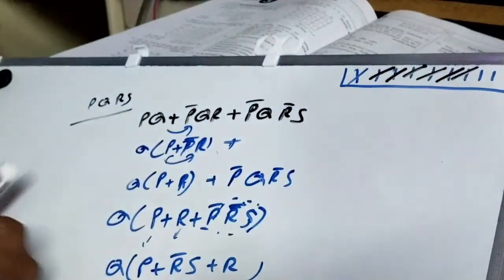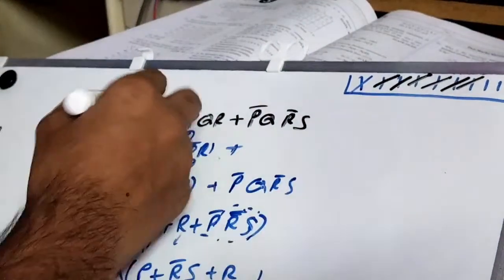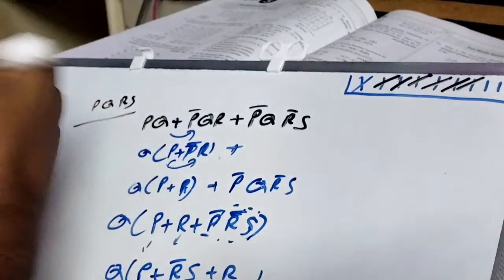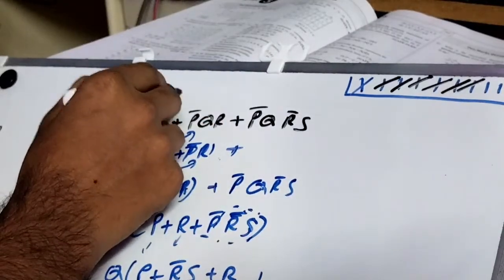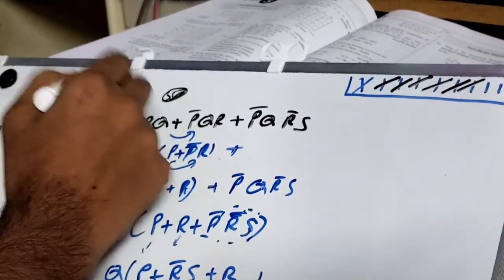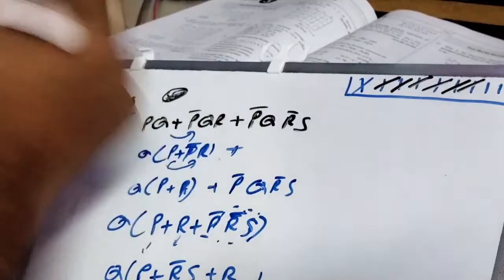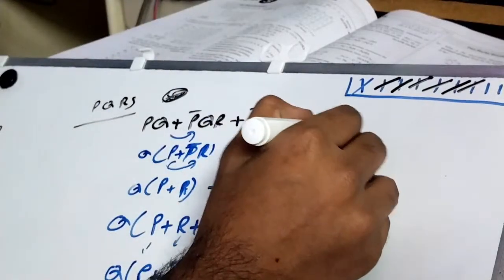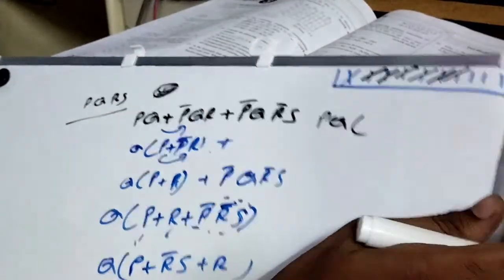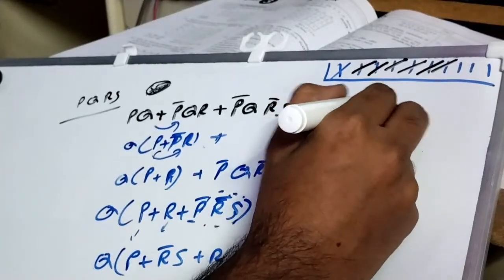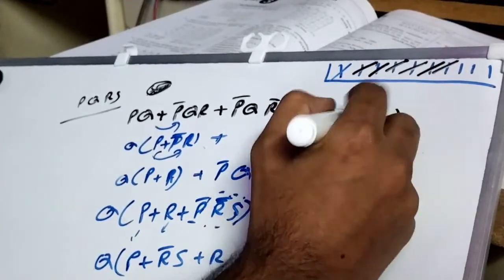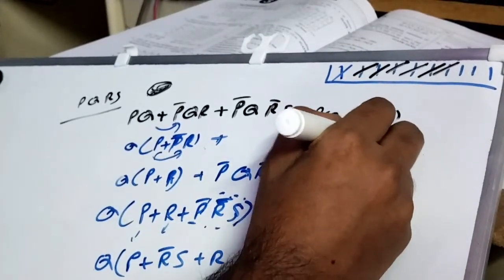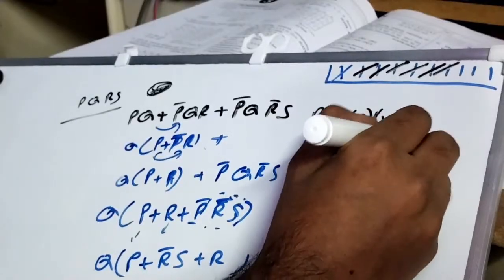If you draw a K-map, we first have to convert it into canonical SOP, like standard sum of product terms. We have to add terms like PQ times one, where one means R plus R bar, S plus S bar.